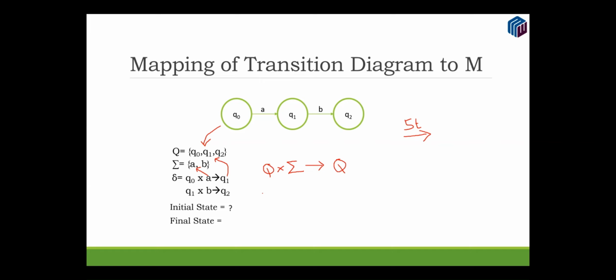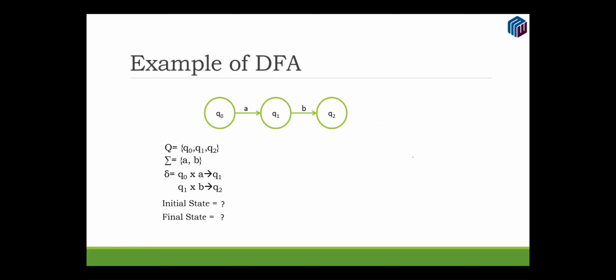And the final state should be identified by a double circle. Here we are not identifying any final state, so again a question mark. Let us see another example. Here we have the start symbol, so the initial state is q naught, and another state, q3, is the final state.